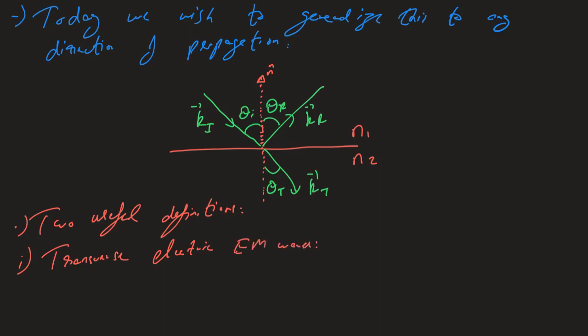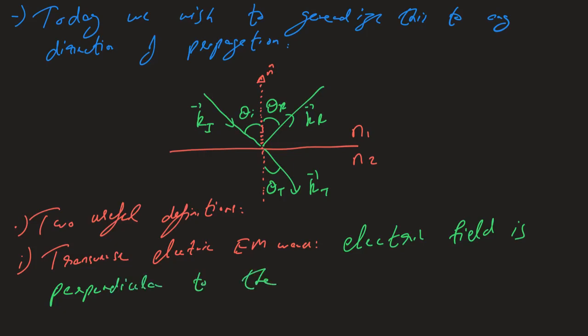What's a transverse electric EM wave? A transverse electric EM wave is a wave in which the electric field is perpendicular to the plane of incidence.